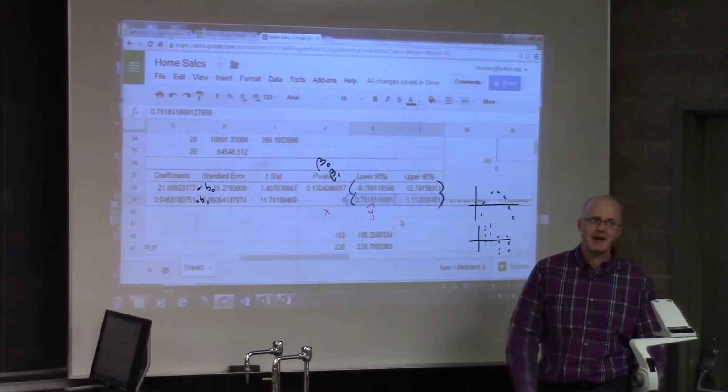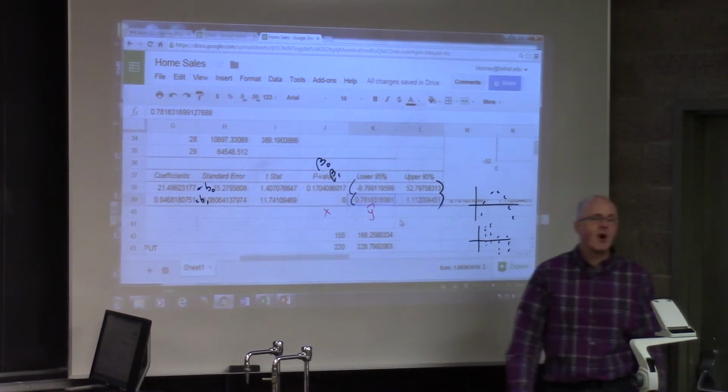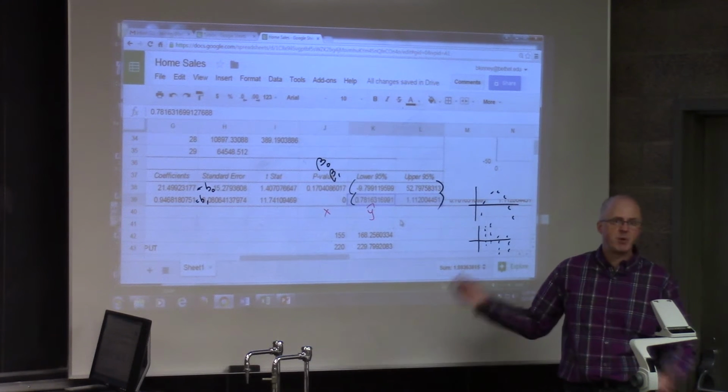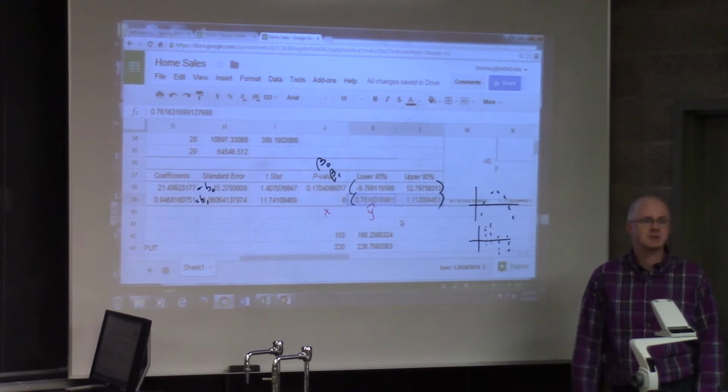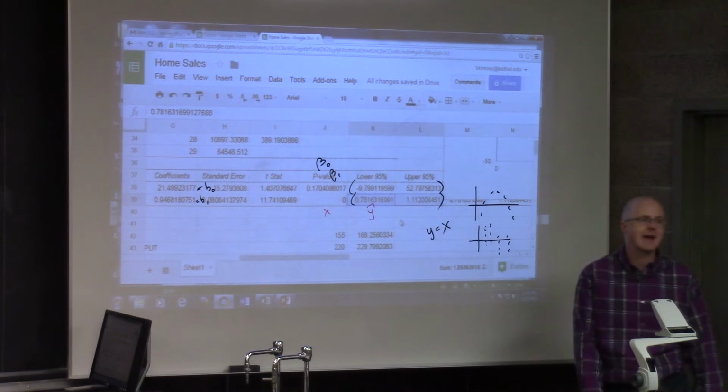I'm not going to put a p-value on it. We do not have strong evidence that beta 1 is different from 1. In other words, putting these two intervals together, we do not have strong evidence that the population regression line is not y equals x.